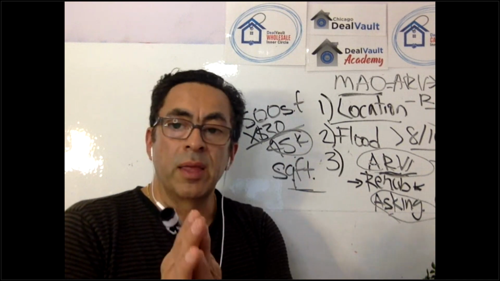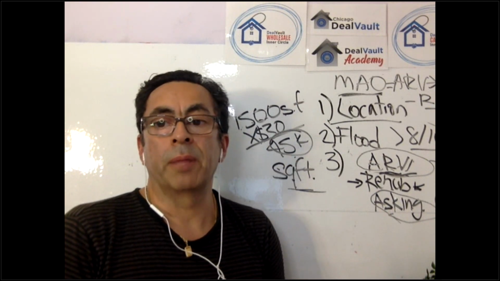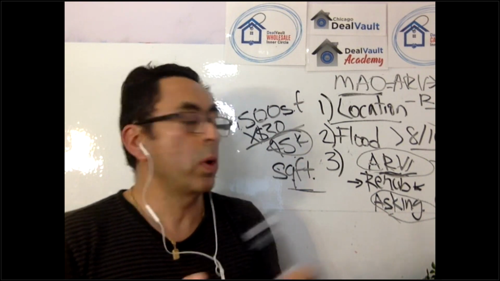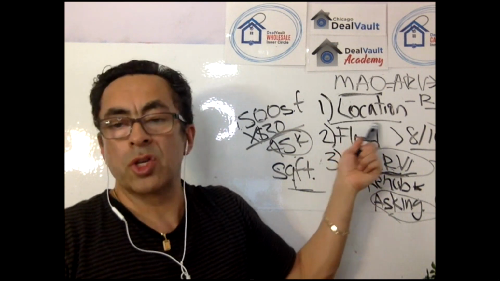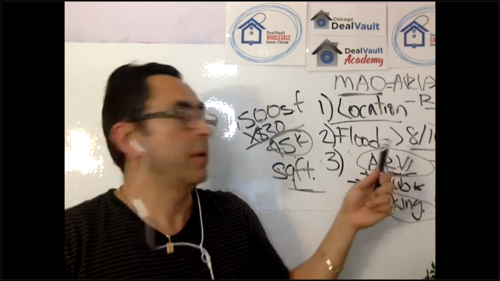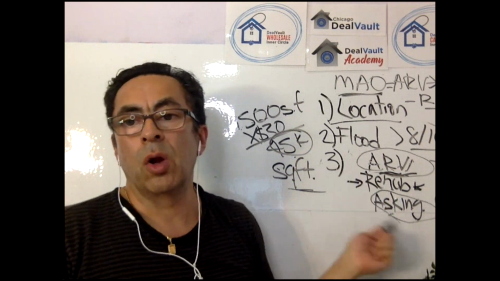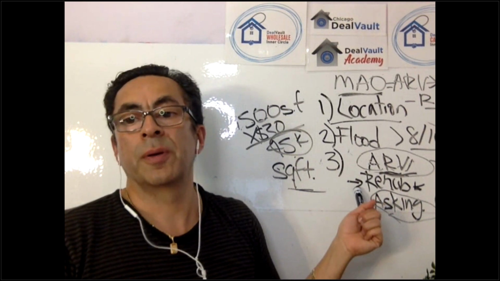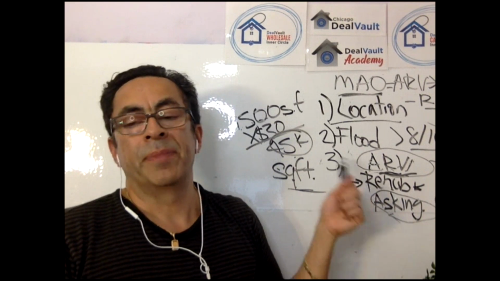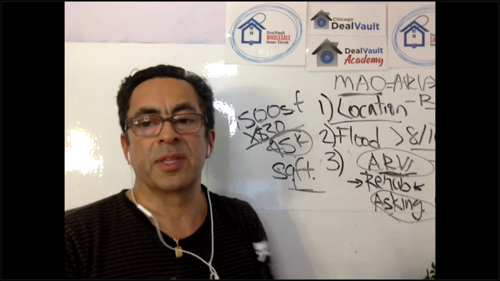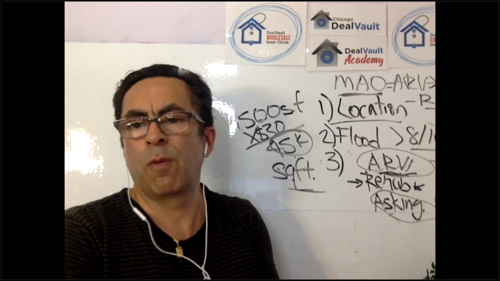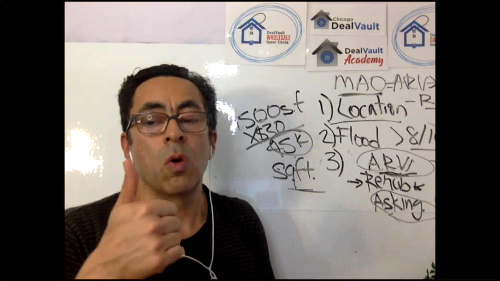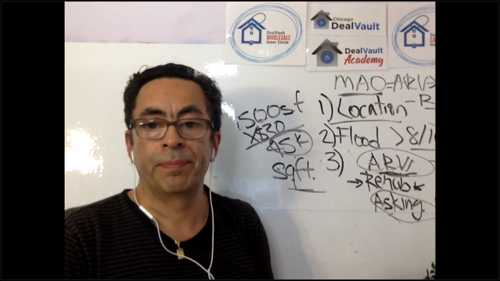We can easily analyze a property when we already know the location is good, no floodplain. Then when we dive into the numbers, as long as we double check the square footage, right? Then the scope of work is very standard. Taking $40 per square foot works amazingly well, okay?